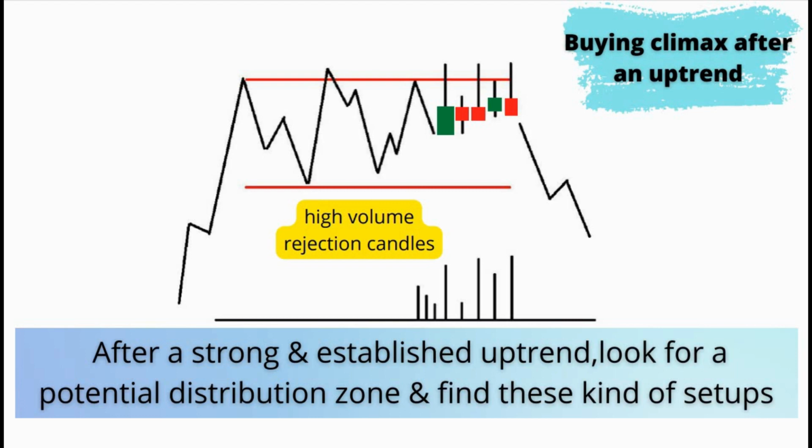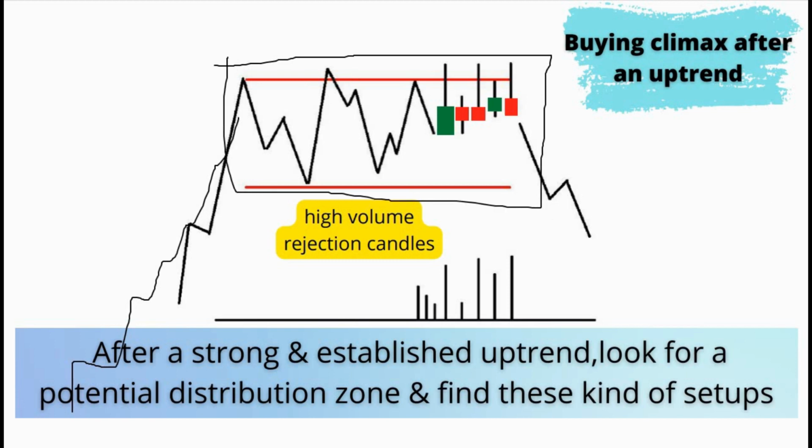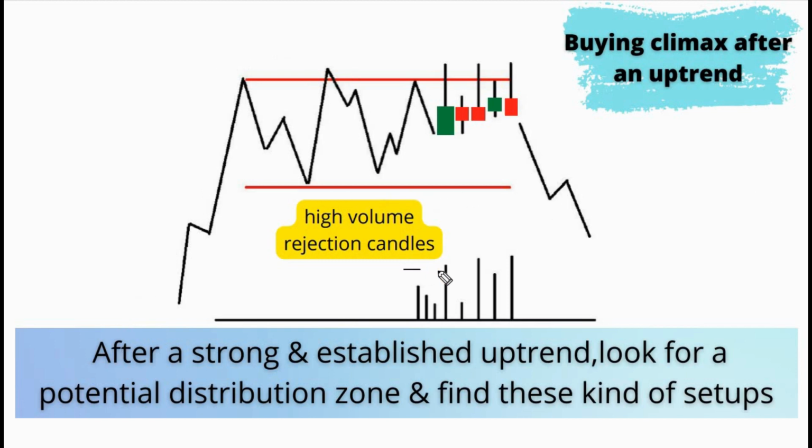So here are some templates. Okay, see, if after a very strong and lengthy uptrend this kind of formation is seen with huge volumes, we could potentially say that yes, now this is a distribution zone. Why could this be a potential distribution zone? Because after a strong and established uptrend, prices are consolidating. This is the first point.